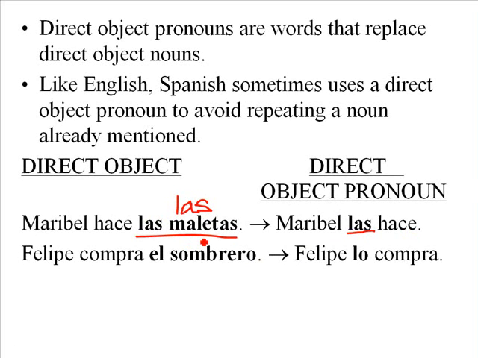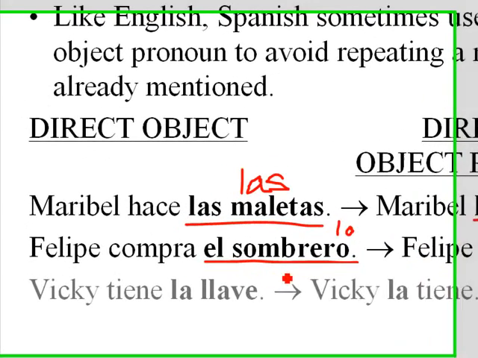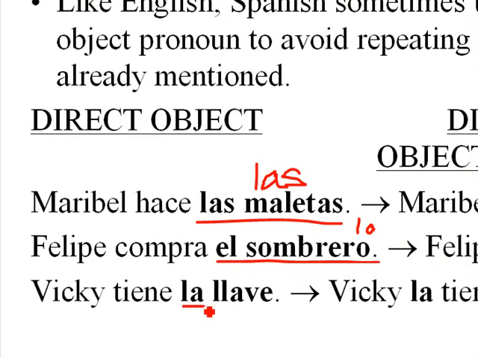Felipe compra el sombrero. To avoid repeating el sombrero, we'll take el sombrero and change it to lo. Felipe lo compra. Vicky tiene la llave. La llave, feminine and singular. La. Vicky la tiene.